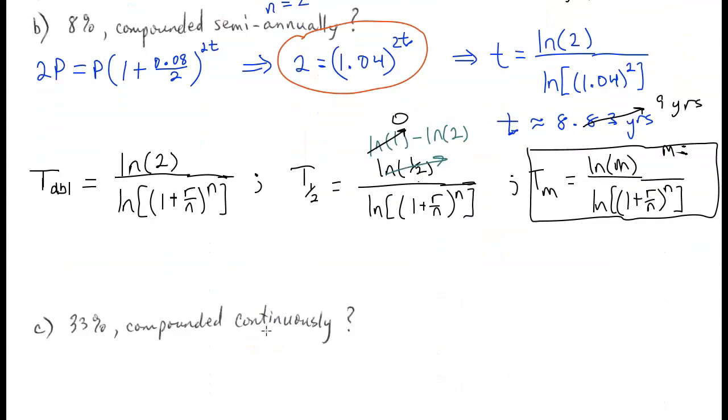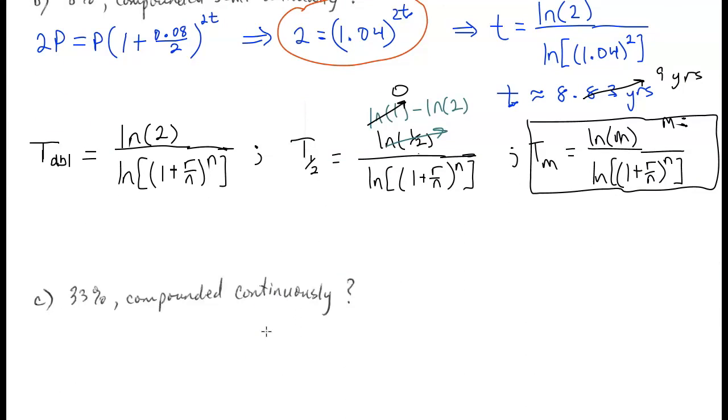All right. So with that being said, we're going to do this very last example here, where since we are compounding continuously, now we need to use the PERT formula. But here we know that this amount is still going to be double.